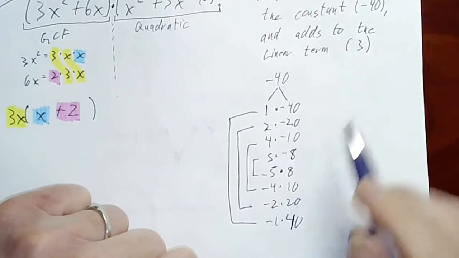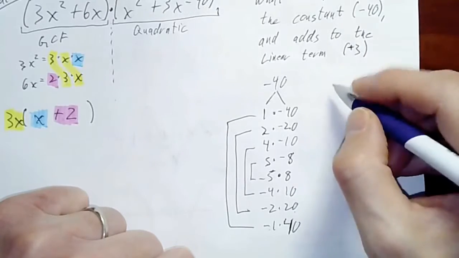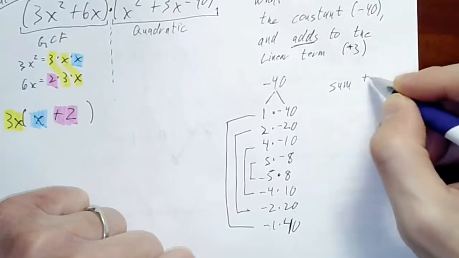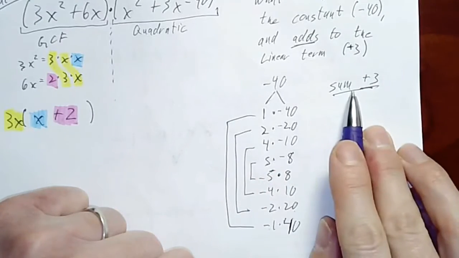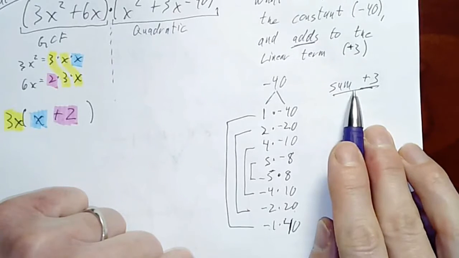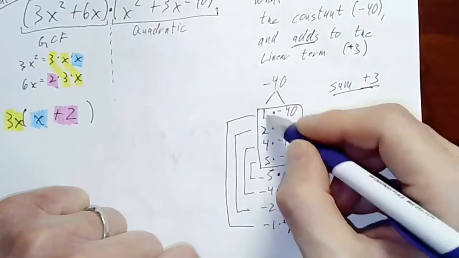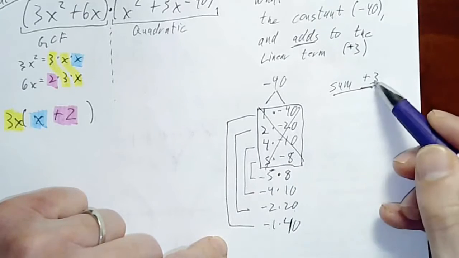Now, the nice thing about this is because this is a positive 3, and I know that I need to find a sum that comes to a positive 3, because I'm dealing with opposite terms, I'm going to have to find a pair where the larger number is positive. Well, all of these pairs are now eliminated. I cannot use these. Now I want to find the two numbers of what's remaining that add to positive 3.